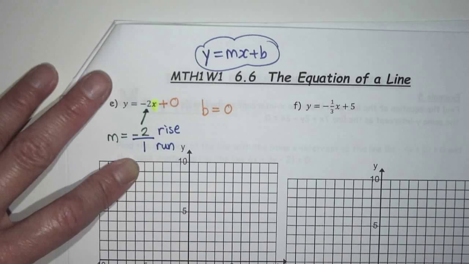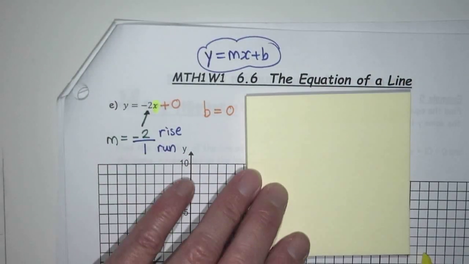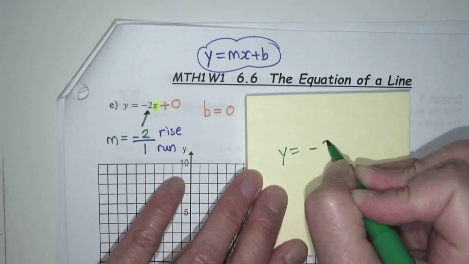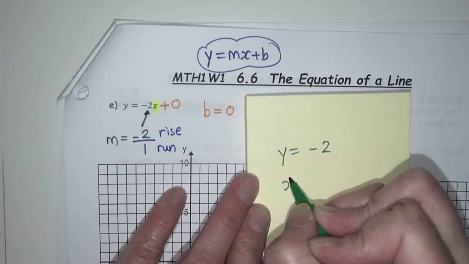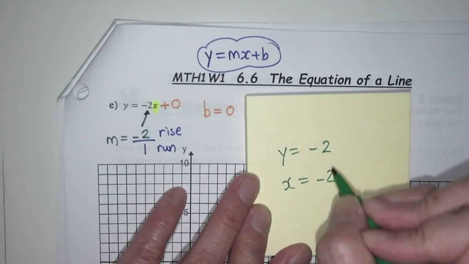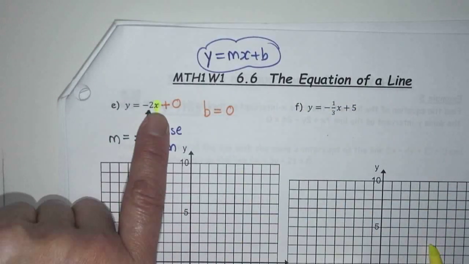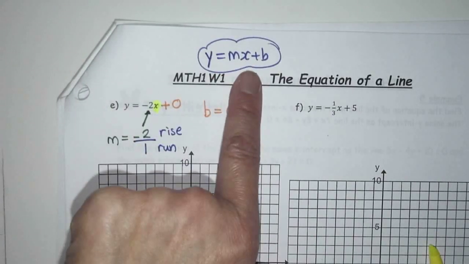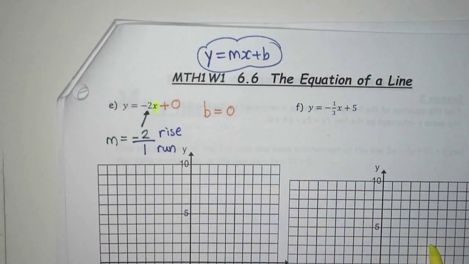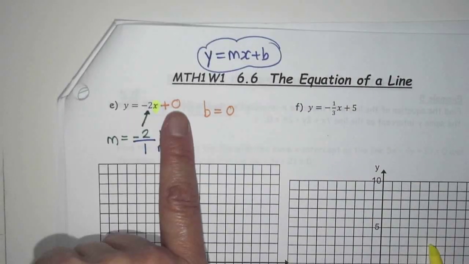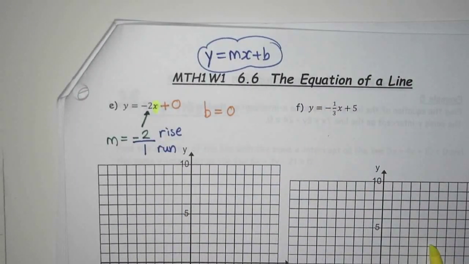So if I had given you y equals negative 2, that's special. If I give you x equals negative 2, that's special. This one's not the special case. It's the regular y equals mx plus b because there's an x there. So that is the slope, and the y-intercept is 0.